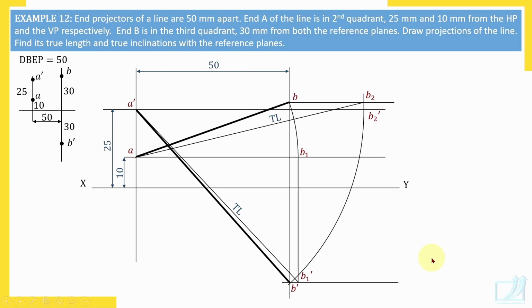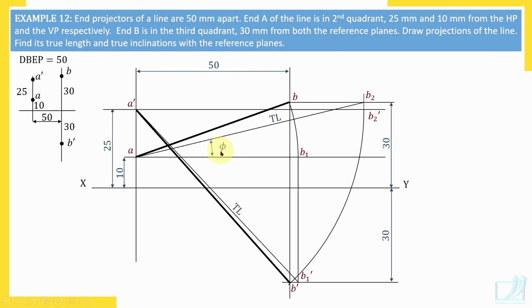Now insert the dimensions carefully. So this distance of point B is given as 30 millimeters. This distance of point B dash is given as 30 millimeters, and the distance between end projectors is 50. So the given dimensions you should insert in the diagram, and what is asked in the problem? True length and true inclinations. So for the true length, either you measure AB2 or you measure A dash B1 dash.